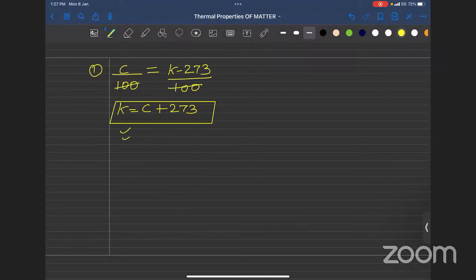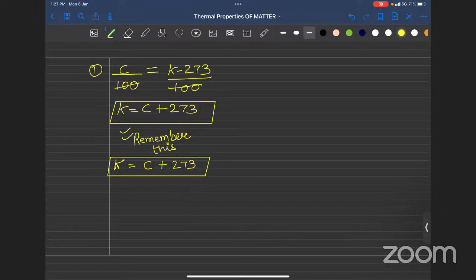So you must always remember this, okay? Never forget it. Always remember this. So K is equal to C plus 273. This is our derivation here.